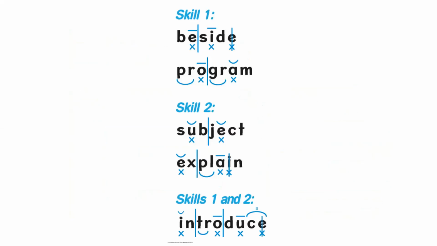Here are some examples for explicit and implicit: beside, program, subject, explain, introduce. You can see the whole word is combined from small parts.